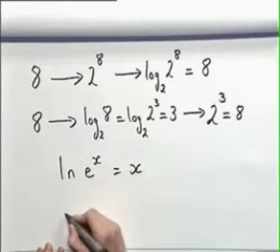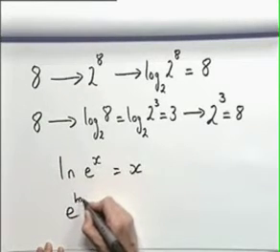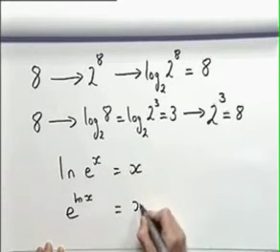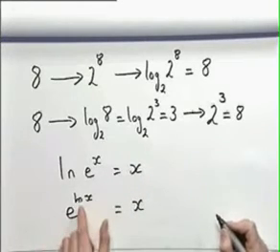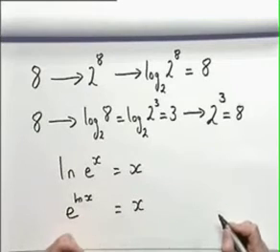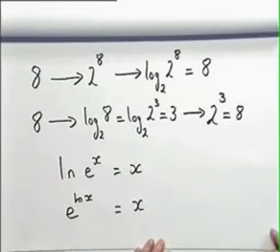Similarly, if I have e raised to the power the log of x, this is again x. Because I've used these two processes, these two things again in combination, they're inverse operations, so they must undo what the other one has done.